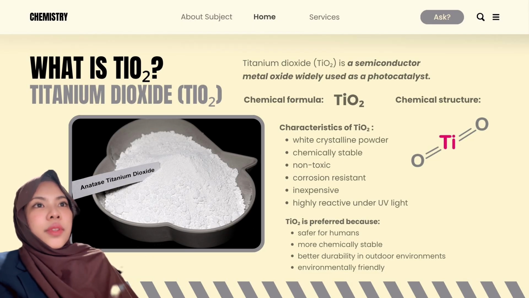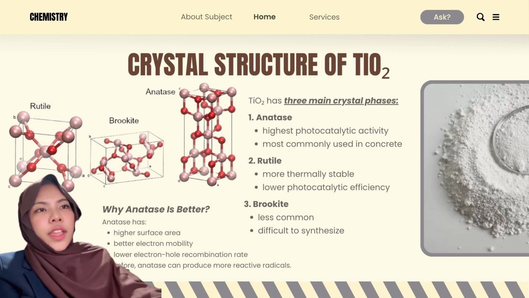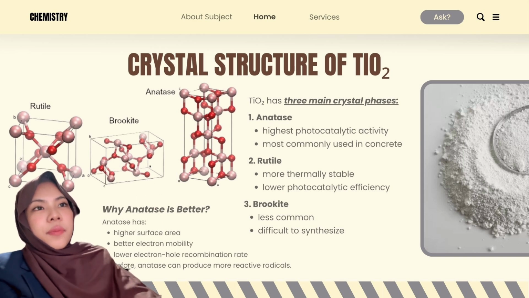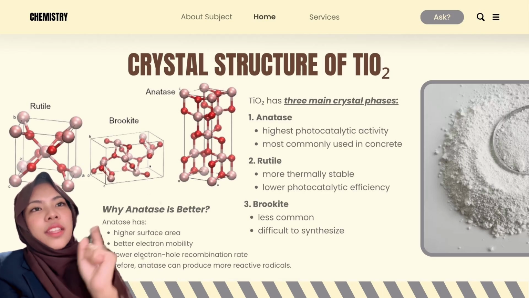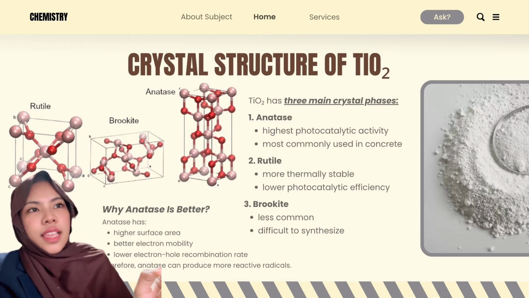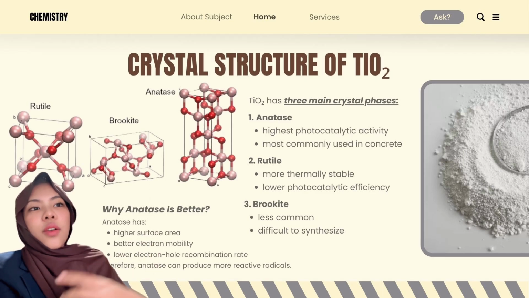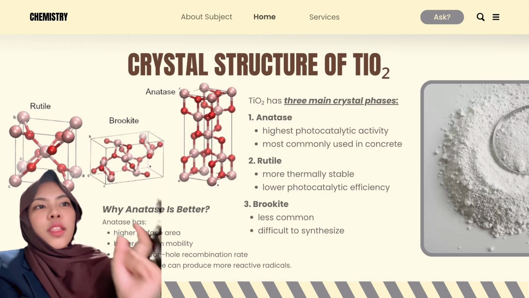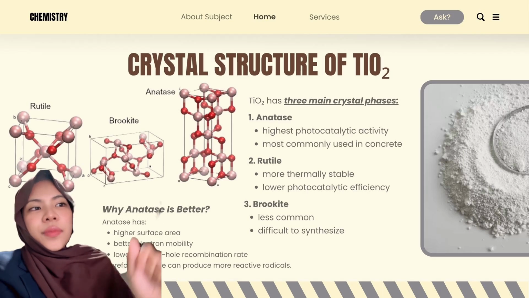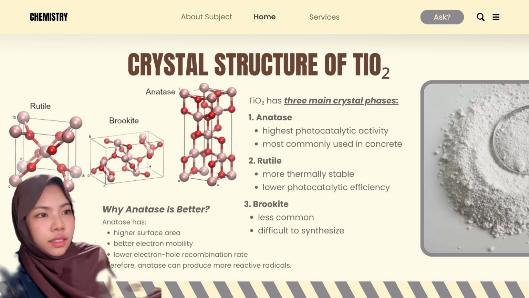So we continue to the next slide. The crystal structure of TiO2. As you guys can see, TiO2 has three main crystal phases. The first one is anatase, which has the highest photocatalytic activity and is most commonly used in concrete. Rutile is more thermally stable but has lower photocatalytic efficiency, and brookite is less common and difficult to synthesize.